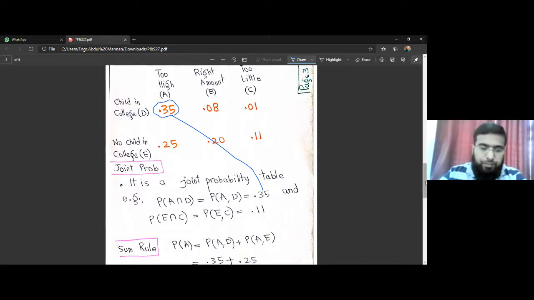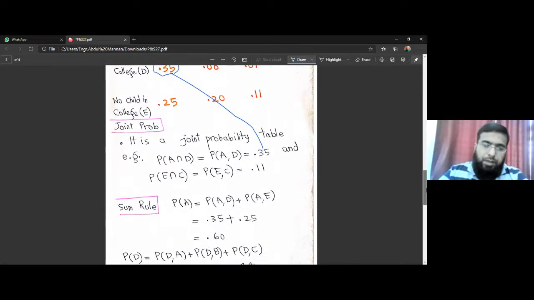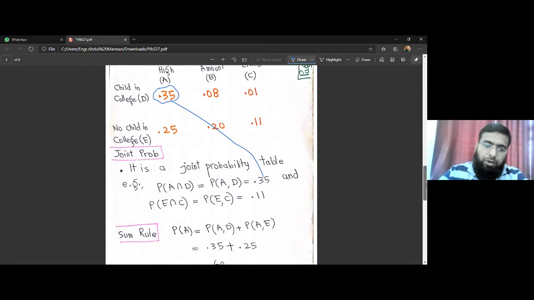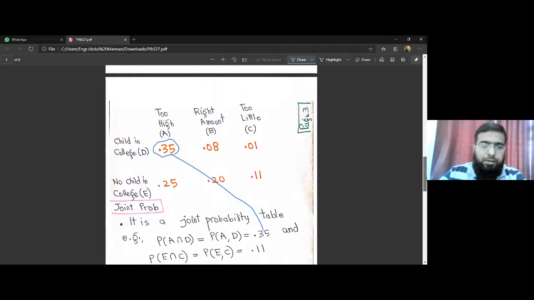Right. Next, we are going to study the sum rule on this example. What is the probability of A? What is the event A? The parents would think that the fee is too high, whether they have a kid in college or not. So what should that be? Of course, the sum of this column, 0.35 plus 0.25.